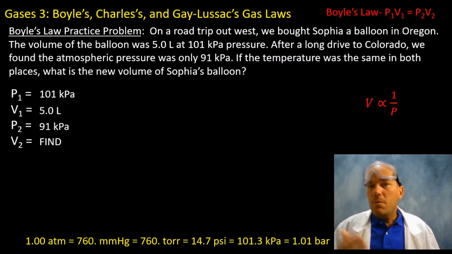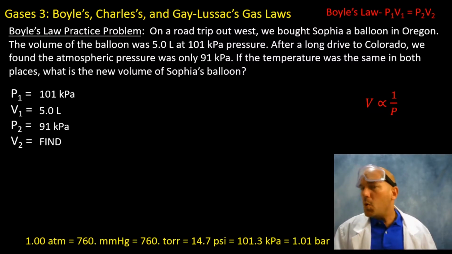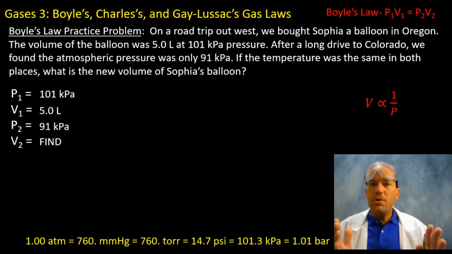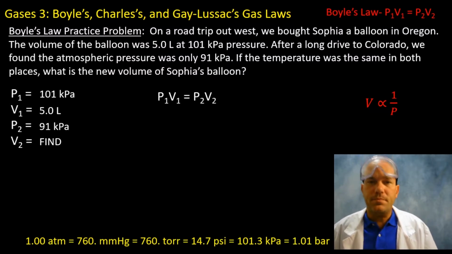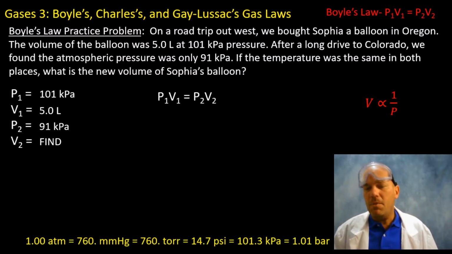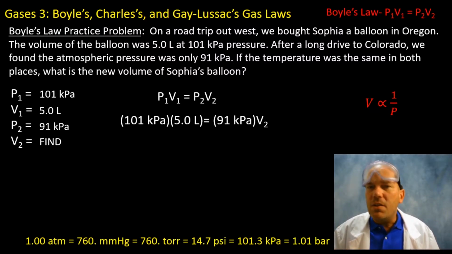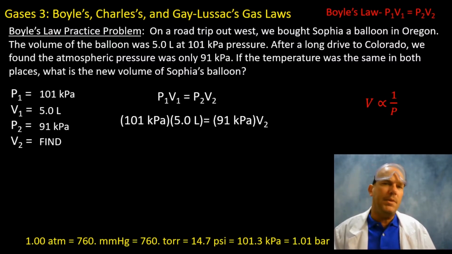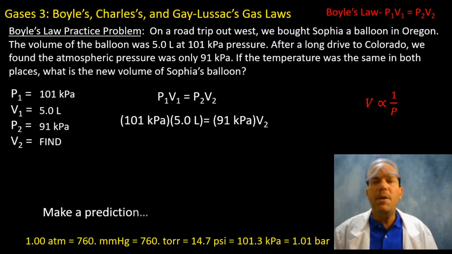So, remembering that volume is inversely proportional to pressure. Well, pressure has decreased. So we want to look at this problem, and we should be able to put in our values. And before we even plug and chug, because these are very straightforward computations, we should be able to make a prediction.